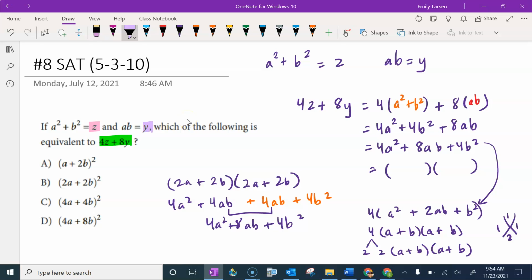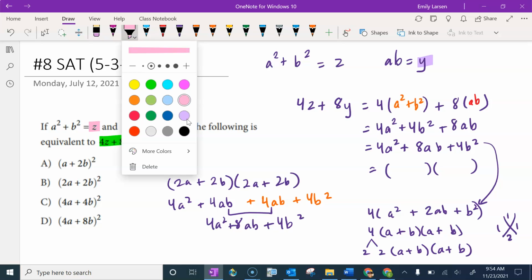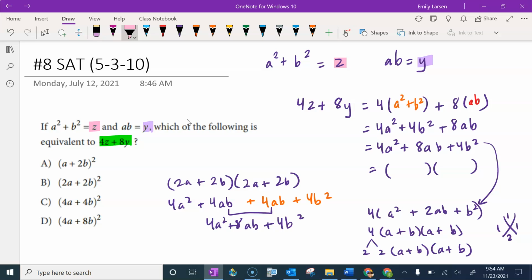And so y would equal this product AB, and z equals this sum a squared plus b squared. So if you want to find the value of 4z plus 8y, you can just take 4 times the value of z and then 8 times the value of y, and you get this sum right here.